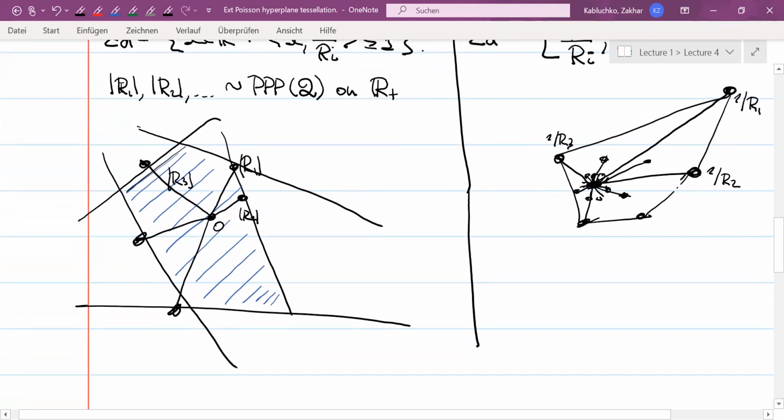So here we know that the distances are Poisson on the real line, and what are 1 over R1, 1 over R2, and so on? Well, they also form a Poisson process by the transformation property of the Poisson process, and its intensity is the image of this uniform Lebesgue measure. One can compute it.